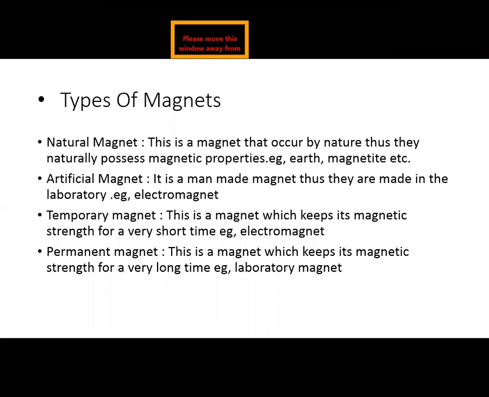So for example, let's say this is my metallic substance, that's the nail, then a piece of wire wound around it. What happens is that when you pass current through this, there's going to be magnetism induced in the wires.